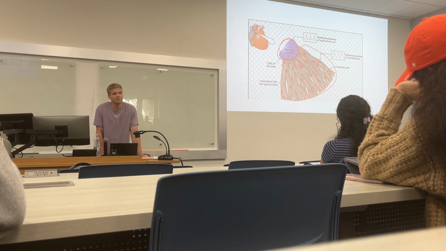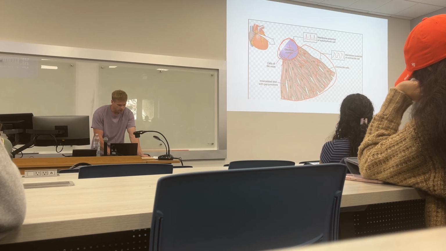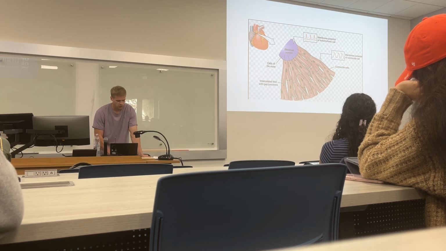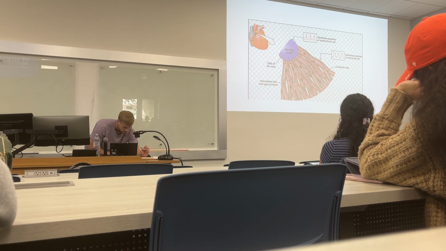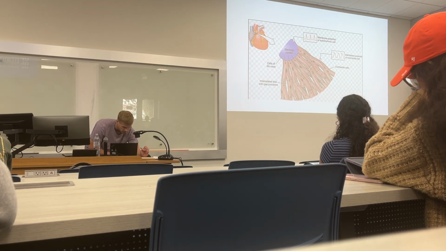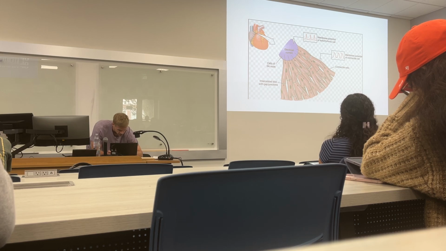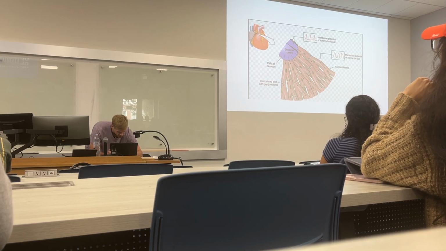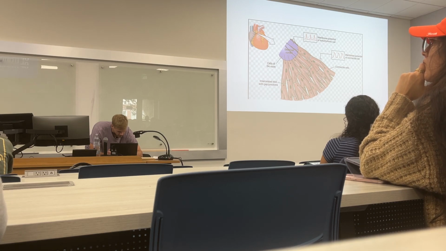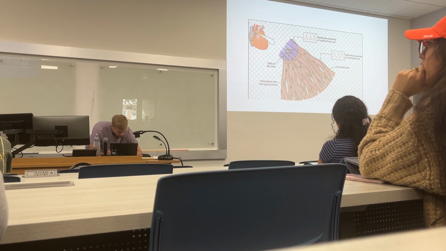But if this were drawn with some degree of accuracy to what you would actually see, this is more or less what it should look like. The sinoatrial node should look just like these other cardiac muscle fibers of the right atrium.